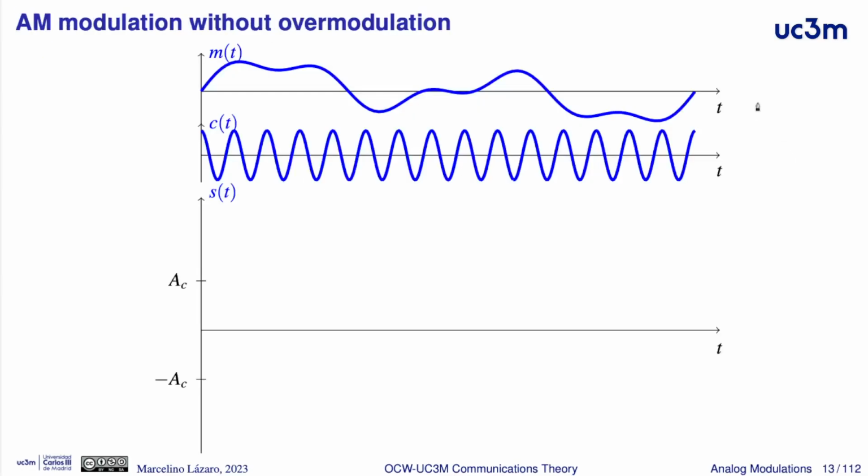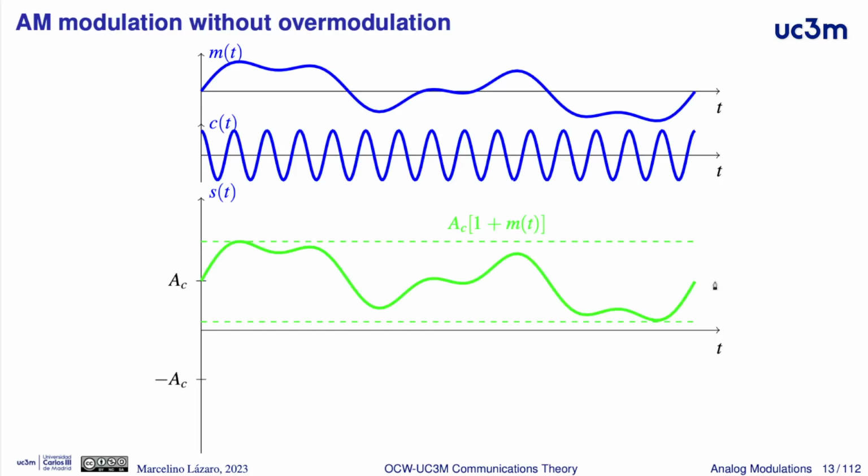In this picture, we have an example of a given modulating signal, m of t, the information, a carrier, a cosine with fixed amplitude, phase, and frequency, and here we have in green the term that now is multiplying the cosine, the carrier amplitude times 1 plus the modulating signal.